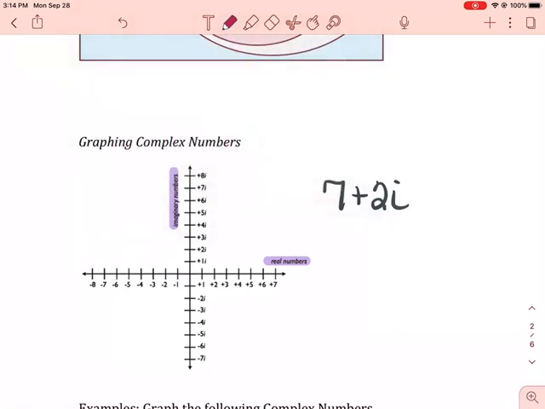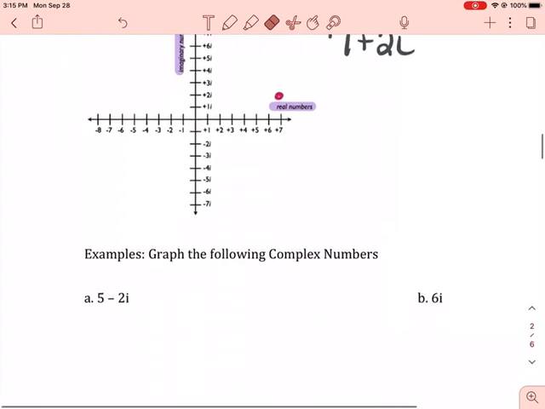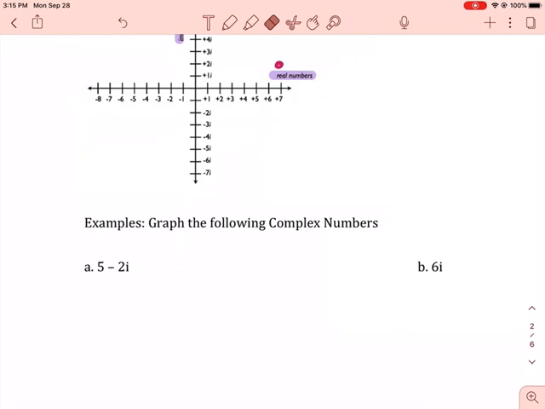I'm going to go over to the 7, there it is, and I'm going to go up 2i. So my final answer is right there. Think of it as graphing an XY ordered pair. You go left and right for the real, or the a, and up and down for the imaginaries.